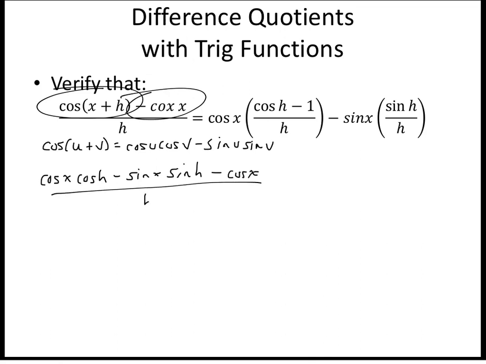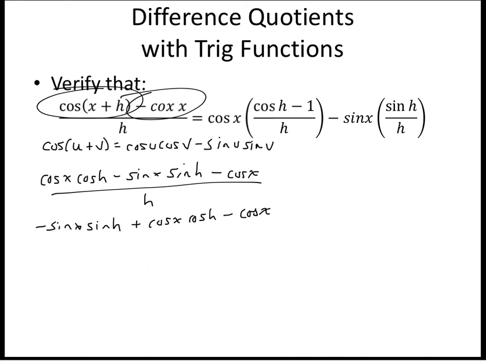all over h. Okay. Now two of my terms have cosine of x's. So I'm going to reorder those terms so that you can see what it will look like when I factor things out. So I'm going to put my minus sine x sine h term off to the side here, and then I'll have a positive cosine x cosine h and a minus cosine x.